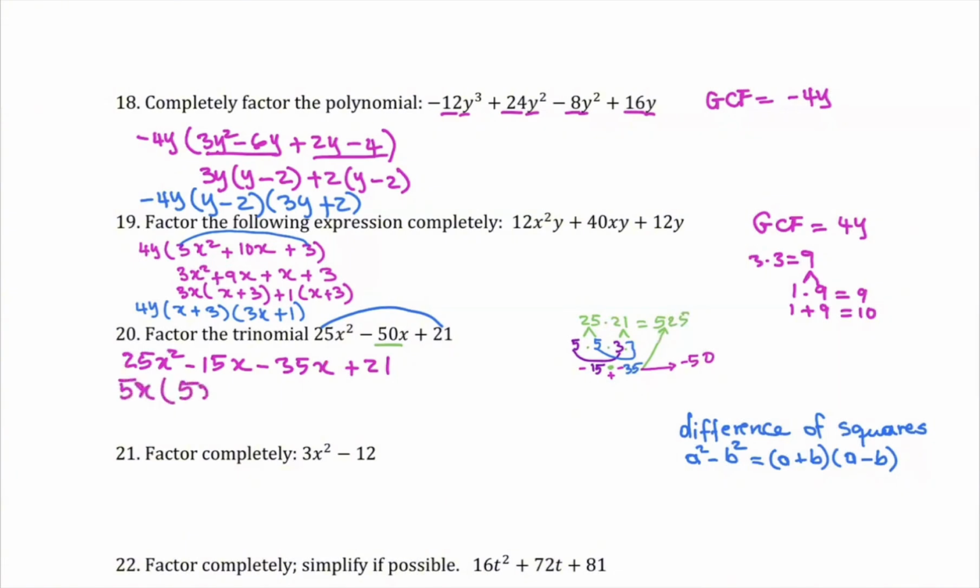So that's 5x minus 3. GCF of the second group will be, I believe, 7. So I put the minus 7 out. So that is 5x minus 3. If we factor 5x minus 3 out, then that's 5x minus 7.